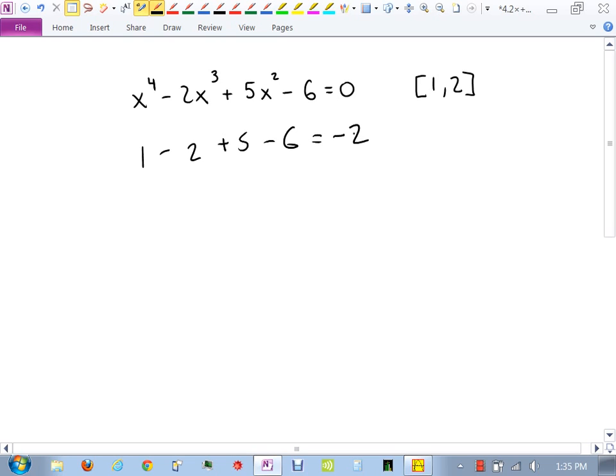Is that right? Okay. Now plug in 2. What's 2 to the 4th power? 16 minus, 2 cubed is 8 times 2, so minus 16 again. Plus 2 squared, 20. And then minus 6. This is 14.